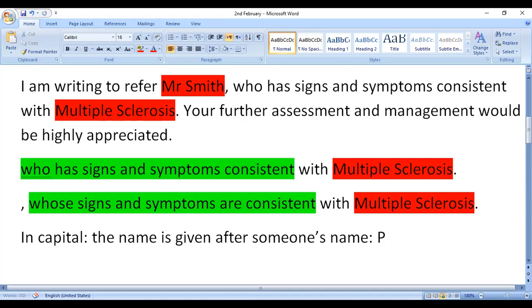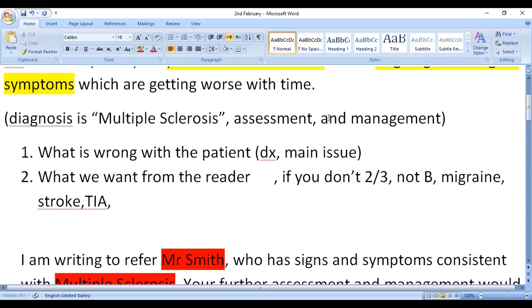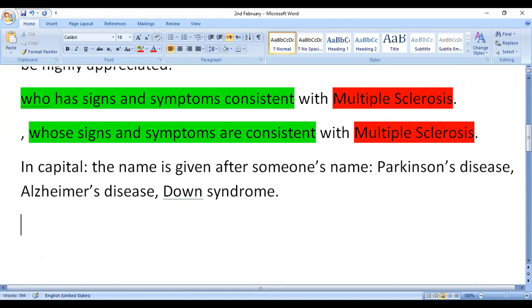For example, Parkinson's disease, Alzheimer's disease, Down syndrome. Down and Down's both are okay. Some people write Down's, some people write only Down.